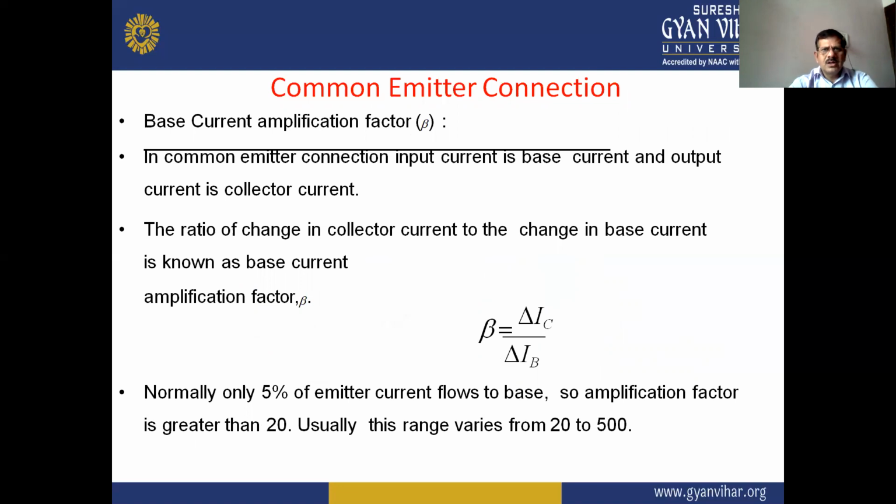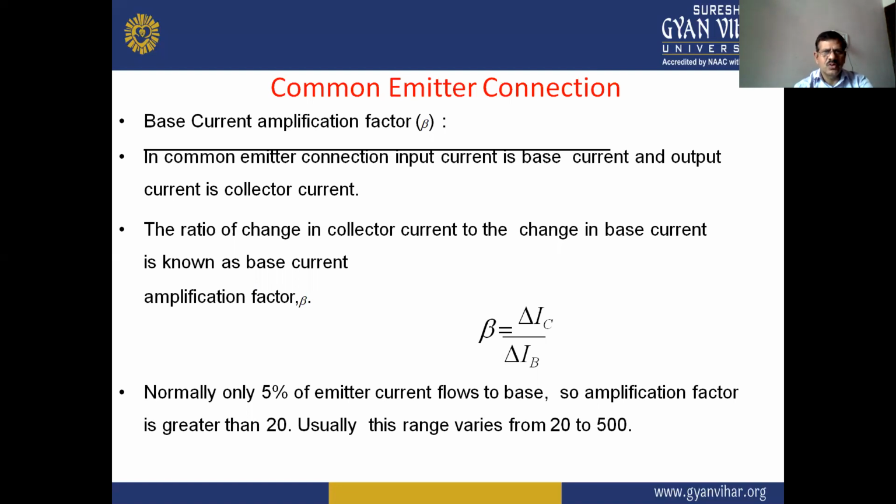In the common emitter connection, the base current amplification factor: what is the base current amplification factor beta? In the common emitter connection, the input current is the base current and the output current is the collector current.